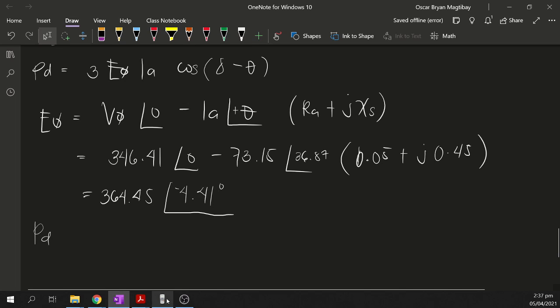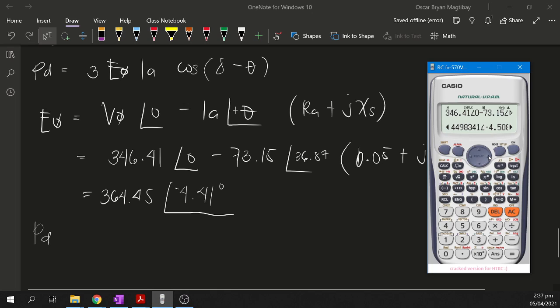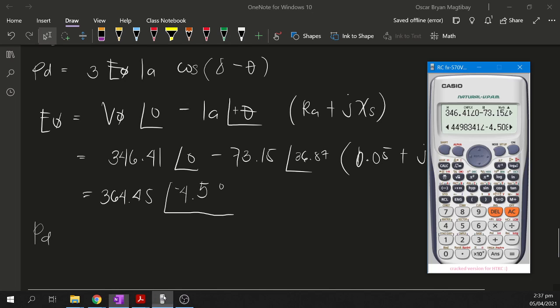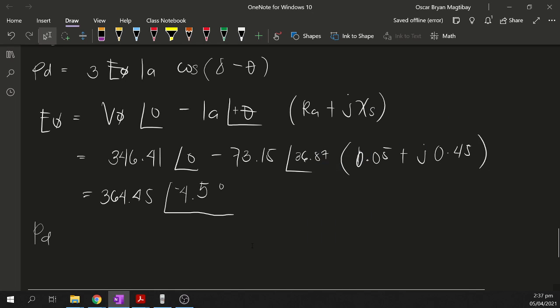Tama ba? 4.5 pala. 4.51 degrees. Because we all know that yung kinuha natin dito is what? Sigma. This is sigma.